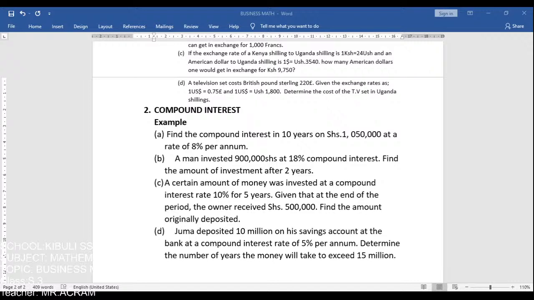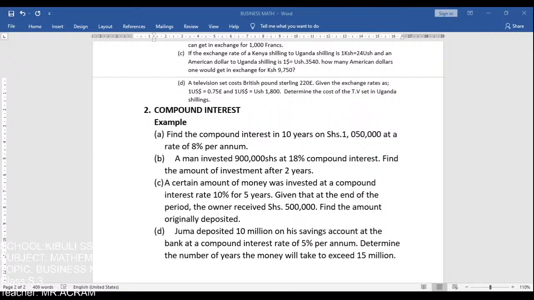We use this formula which states that amount, you know the meaning of amount? Amount is principal plus the interest, okay? But if you want to use a shorter formula, you can use the one for simple interest to get compound interest, but you have to go year by year, okay?